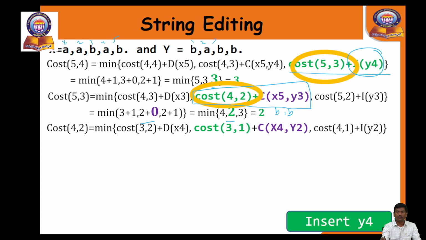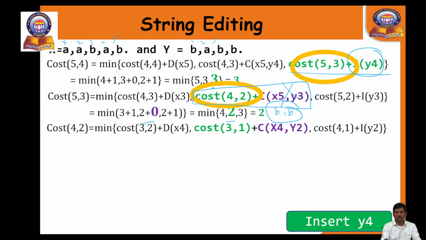What you have to consider is, if the symbols are the same, b comma b, then you should not take this into the solution. By changing, if both the characters are different, then you have to take that kind of solution. So according to this case, there is no letter change. x5 is equal to b, y3 is equal to b, and hence this should not be taken into the solution.